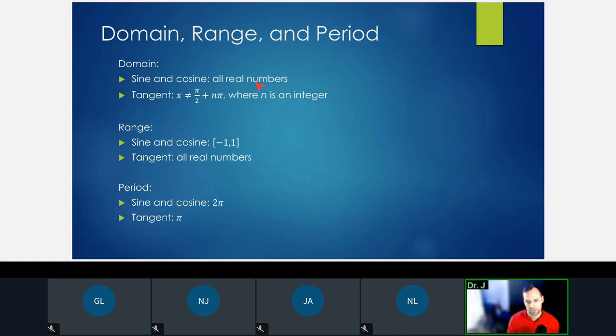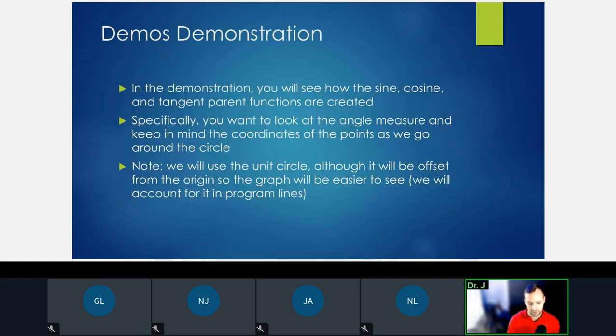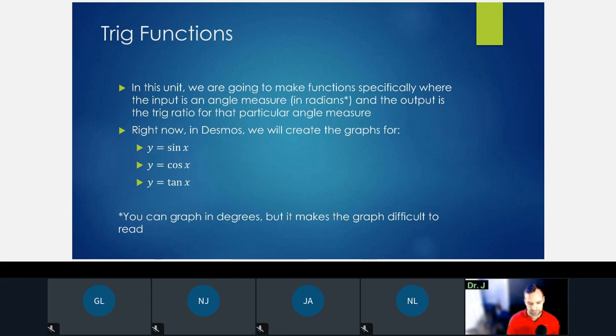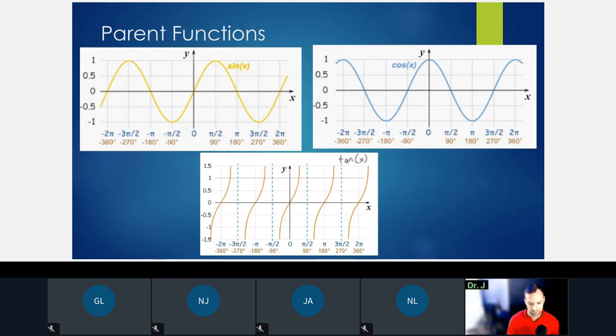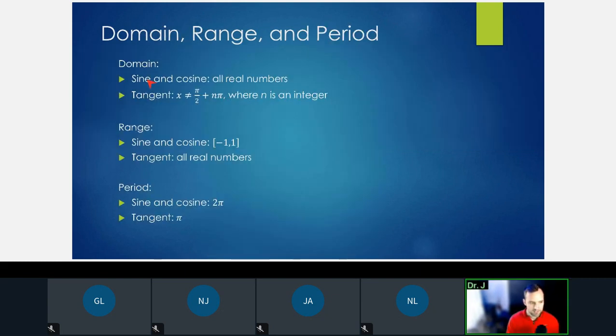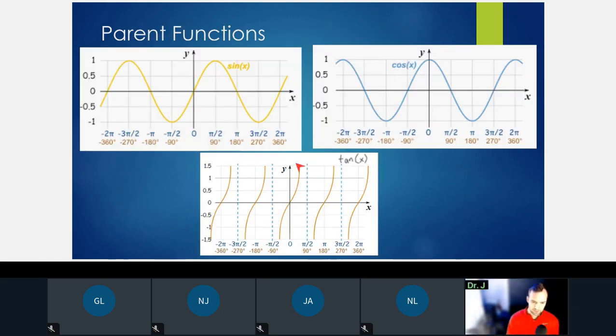All right, so domain. For sine and cosine, we can use anything for your input, and we can see that clearly on the graph. For every input, we have an output for sine and cosine, but looking at tangent, it's pretty clear. Remember VAs, vertical asymptotes, those are inputs that don't yield anything.